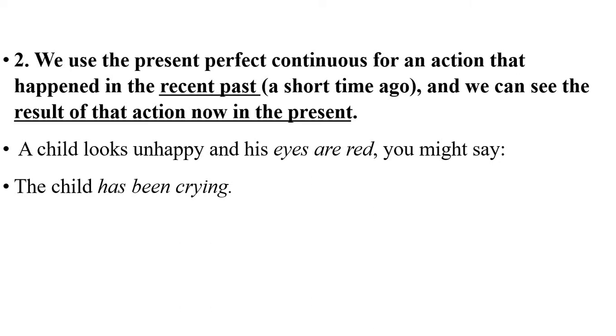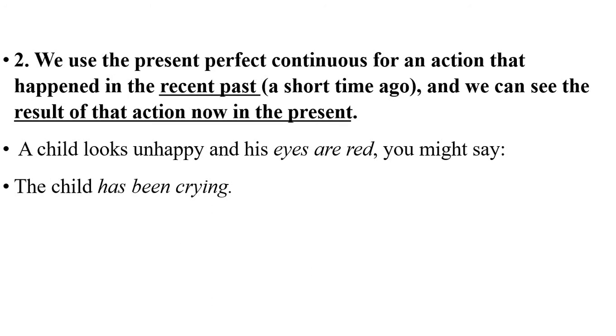For example, I meet a child in the street and I see that he or she looks very unhappy, and I look at his eyes or her eyes and I see that the eyes are red. So I understand automatically that the child has been crying. So the result is the eyes, which are red.